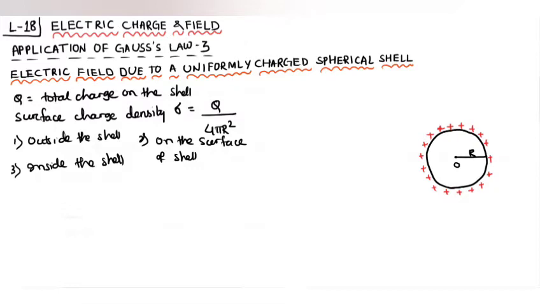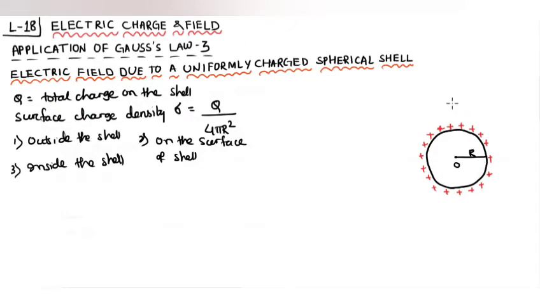law. But students, before going to the derivation part, let me draw the electric field line pattern due to this charged spherical shell. We know that if we have a positively charged body, then the electric field lines are radially outward. So we have given positive charge to this shell.